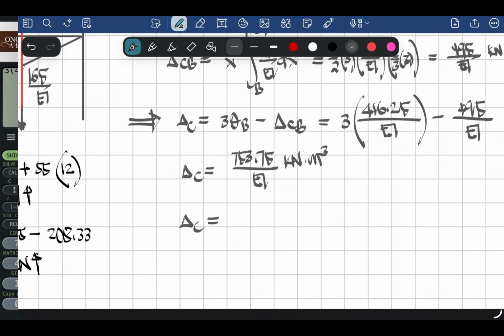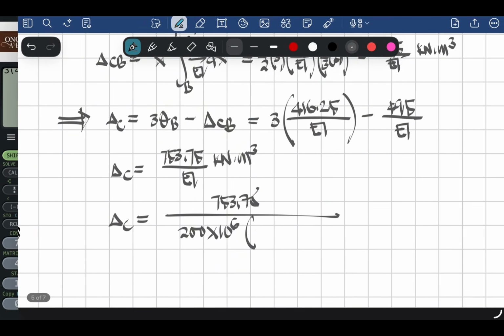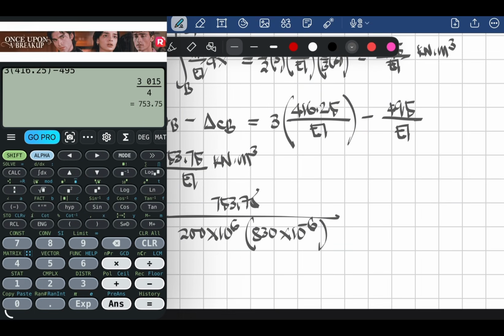Delta C is equal to 753.75 over 200 times 10 to the 6 times 830 times 10 to the negative 6, for the moment of inertia in meter to the fourth.